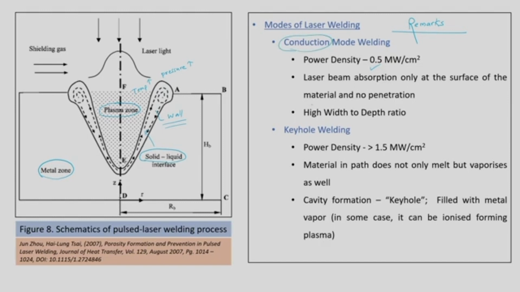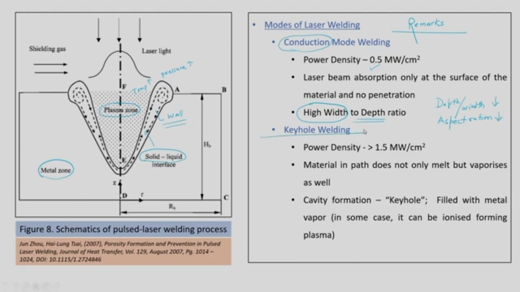However, we are getting high width in comparison with depth. So, the width to depth ratio is high, but the depth to width ratio is low, that we call the aspect ratio. So, aspect ratio is low in case of conduction mode, which we have already seen.